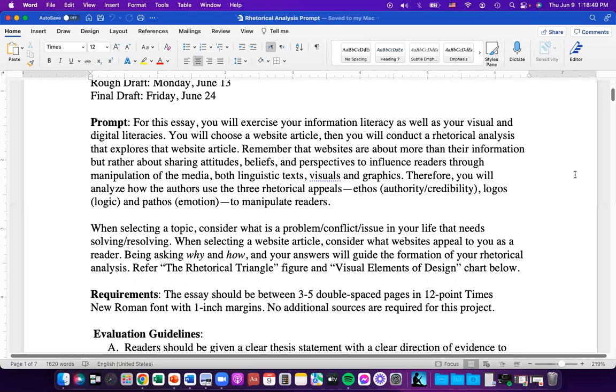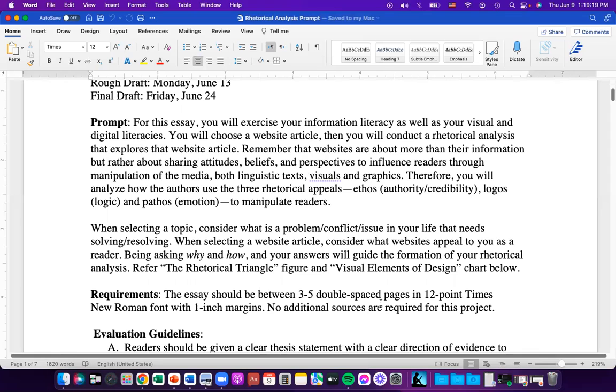You are going to be writing a 3 to 5 page double-spaced essay. Now that'll be by the final draft. I'm expecting 3 to 5 pages. For your rough draft, I'm not requiring you to do 3 to 5 pages. However, it would be a good idea for you to at least do 2 pages for your rough draft. If it's anything less than 2 pages, I can tell you right now what my feedback is going to be.